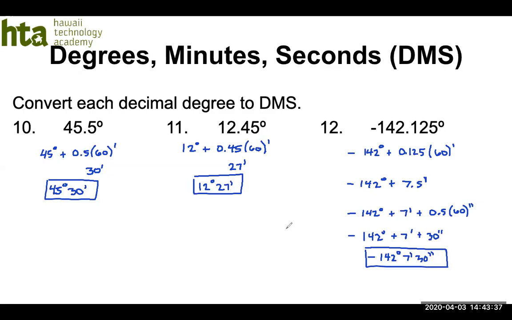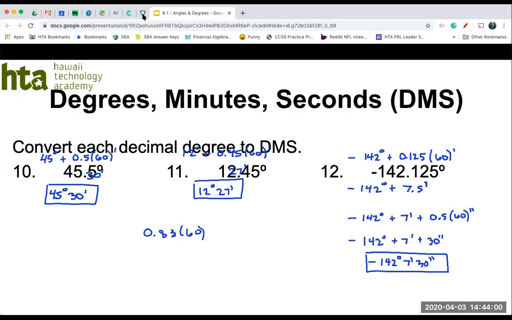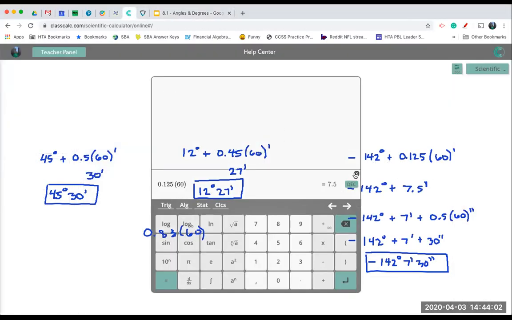You may get a decimal when you do the seconds. If you were to get a decimal for the seconds, you do not keep going, you just write the decimal. So for example, if I were to do something like 0.83 times 60, that gives me 49.8.